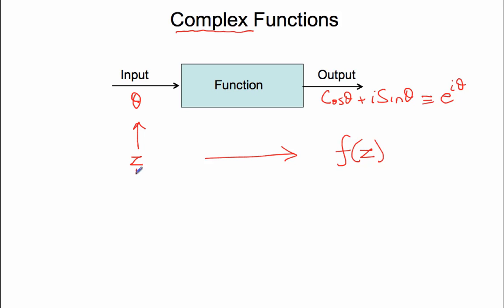So, if you give z equals x plus iy as the input, out would come the real part of f of z, let's call that g of z, and the imaginary part of f of z, let's call that h of z. This would be a real number and this would be a real number.